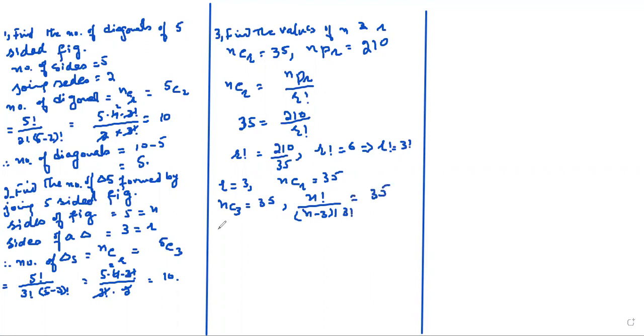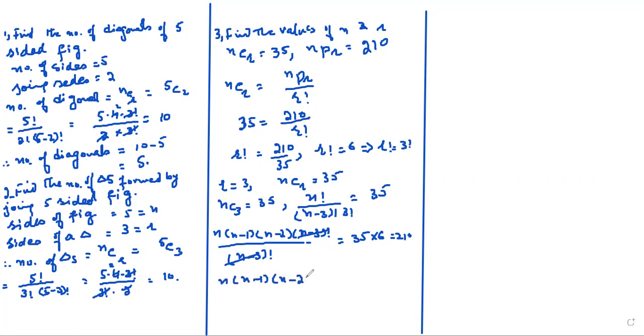Now n factorial may be written as n, n minus 1, n minus 2, and n minus 3 factorial, which is divided by (n minus 3) factorial, equals 35 multiplied by 6, which equals 210. So (n minus 3) factorial got cancelled. Now n, n minus 1 and n minus 2 equals 210.